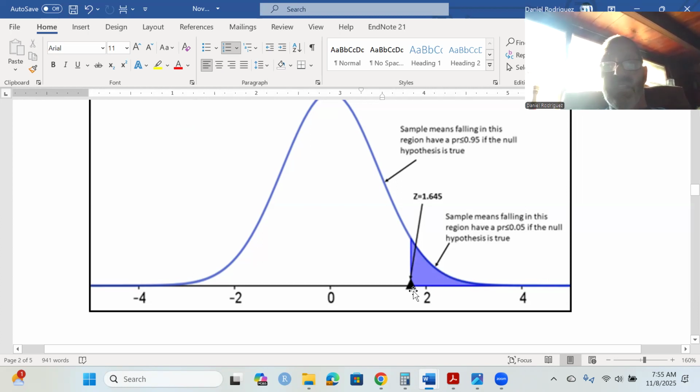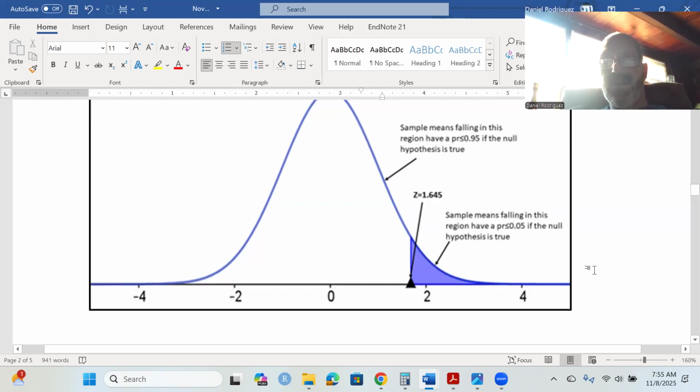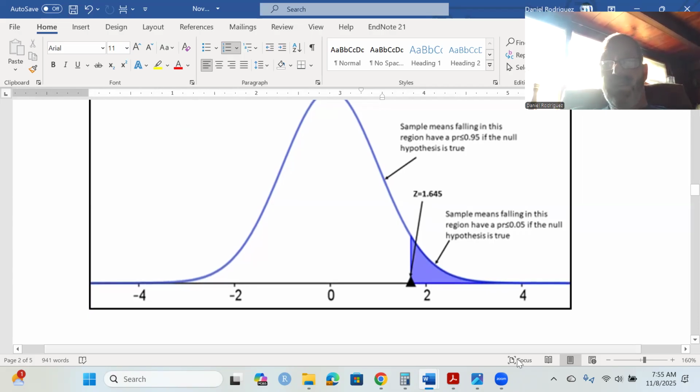The value that cuts off this distribution at the upper 5% is a z-value of 1.645. So how did I find that? My alpha was 0.05. 1 minus 0.05 is 0.95.